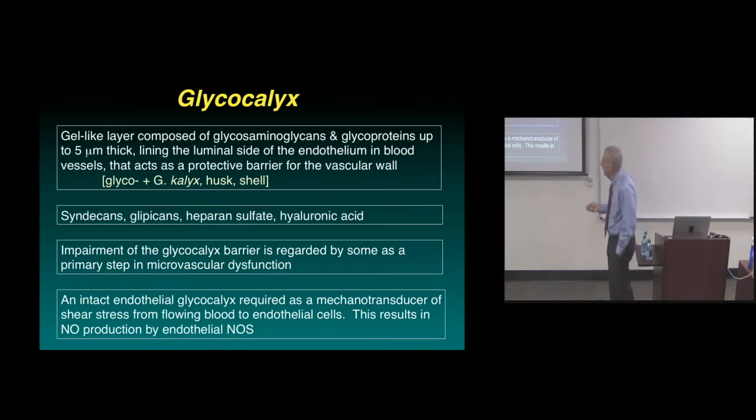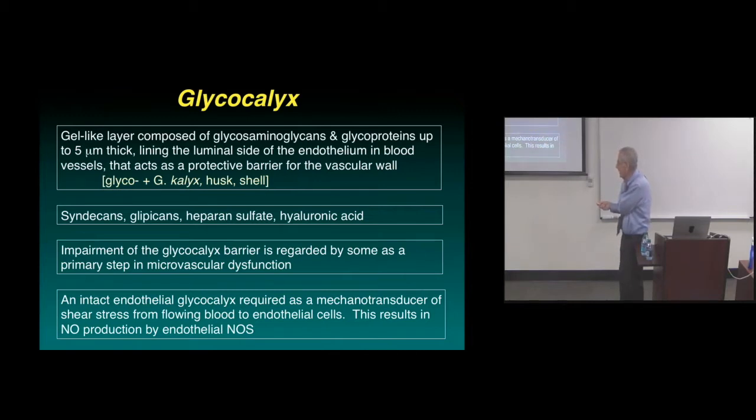And some believe that impairment of this barrier of the glycocalyx may be the first step in gross microvascular dysfunction. If your blood vessel function is poor, endothelial function is poor, they think that if you're messing up your glycocalyx, it's going to have a big effect.